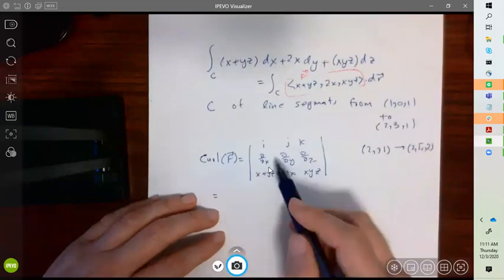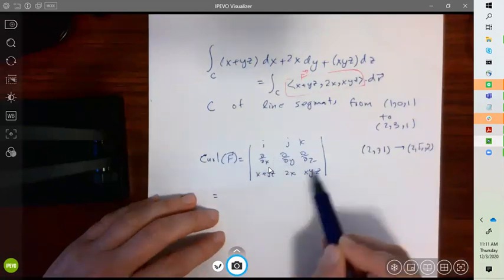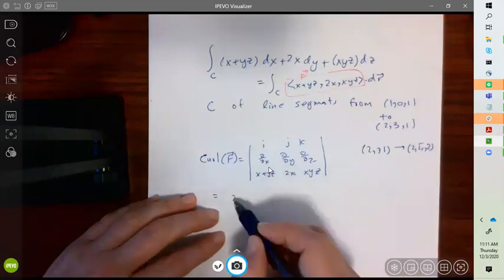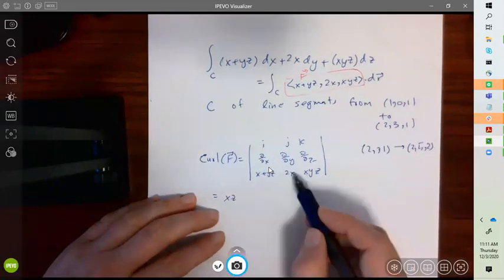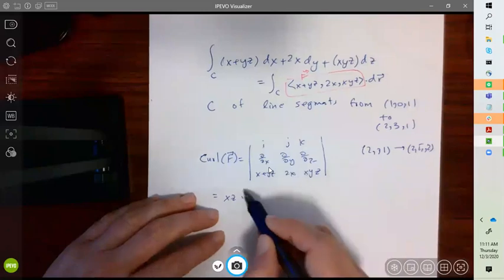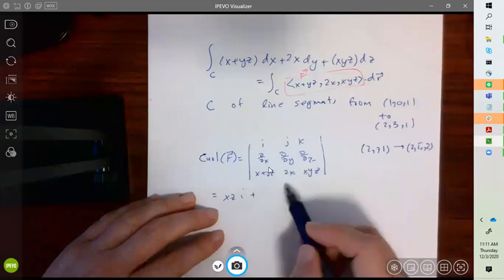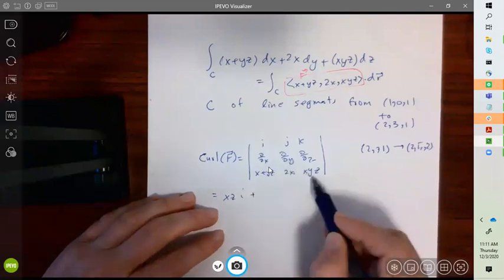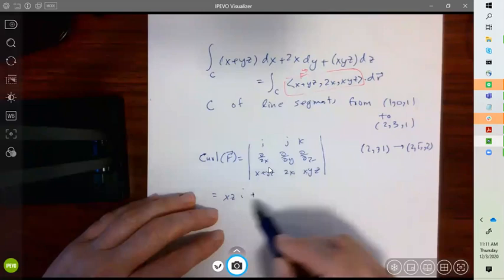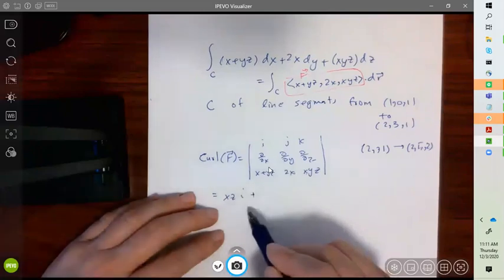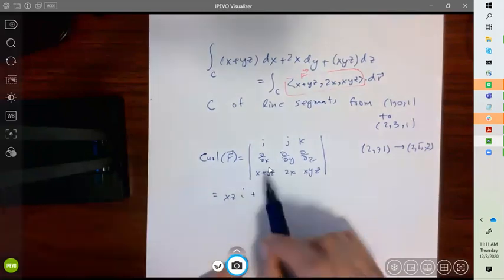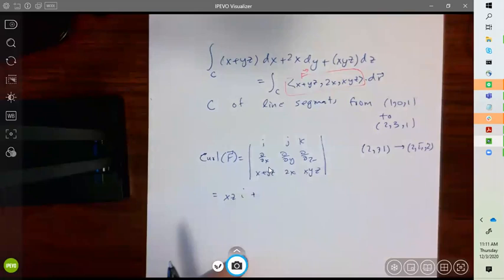And in here you get xz minus 0 times i, and as soon as I did that, I realized this is not going to be conservative because I'm not getting a 0 vector. So F is not conservative.